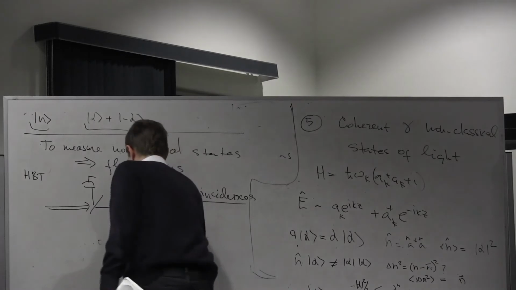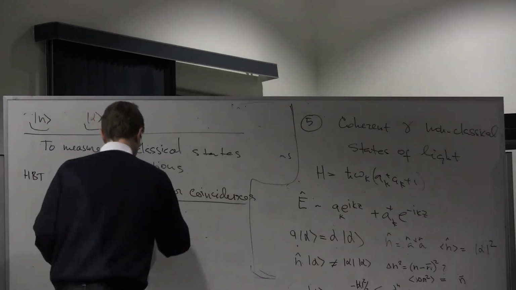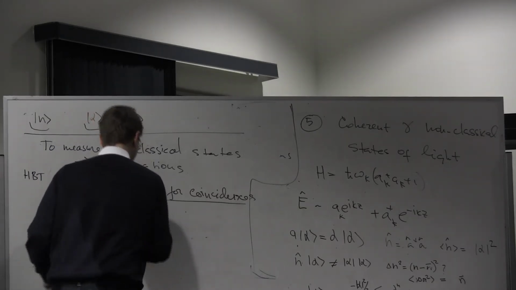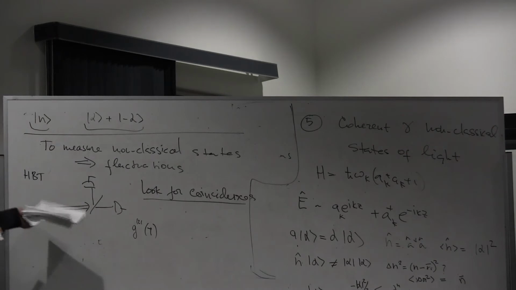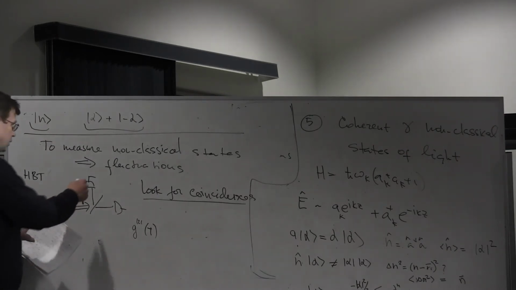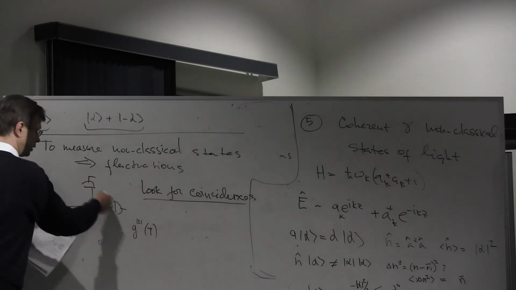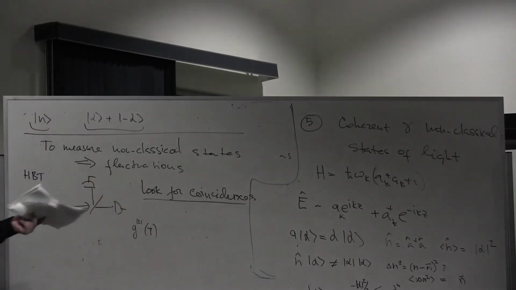And basically, following Roy's work in the 1960s, what one often does is quantify the signal that you measure in terms of coincidence probability as a function of the separation between detection events.